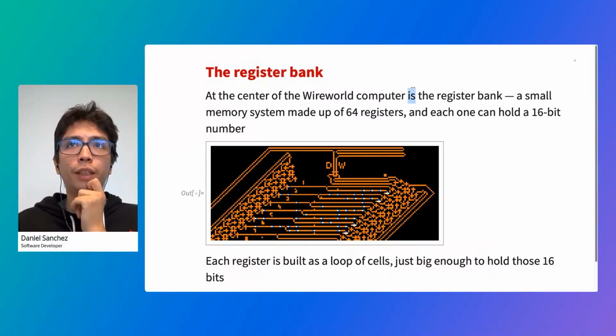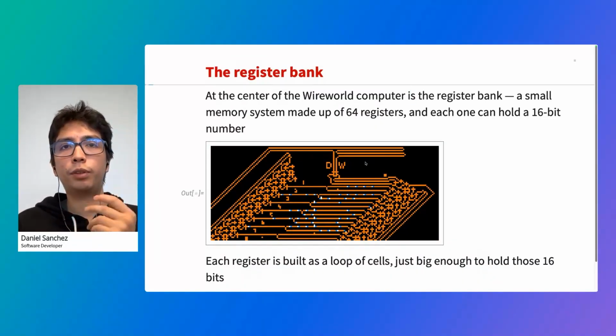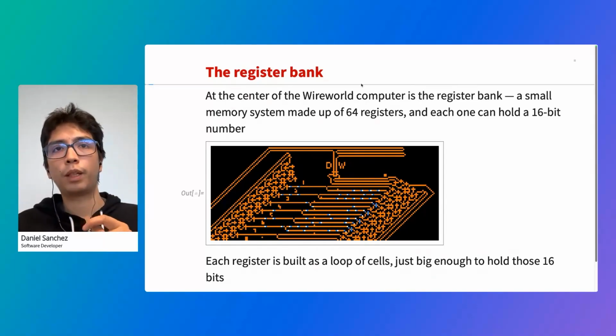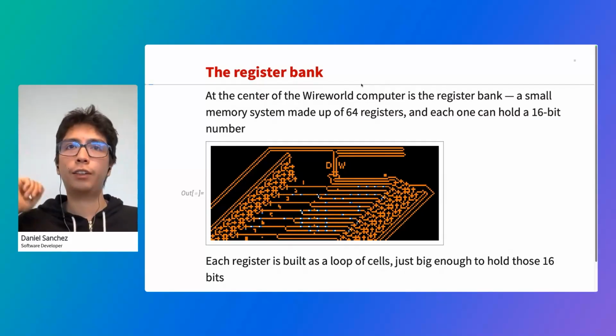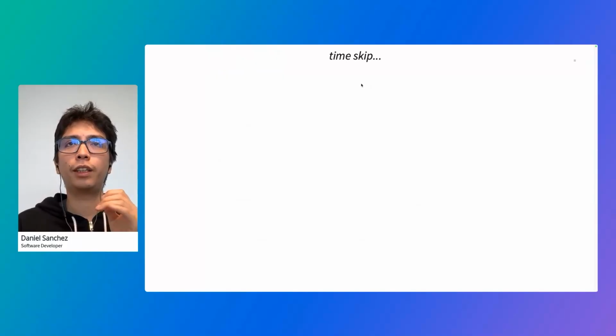There's a register bank. The Wireworld computer has 64 registers, and each of them can store a 16-bit number. And there's a way to send a read signal and a write signal. I haven't fully studied this, so I won't go into detail, but this is a summary here.